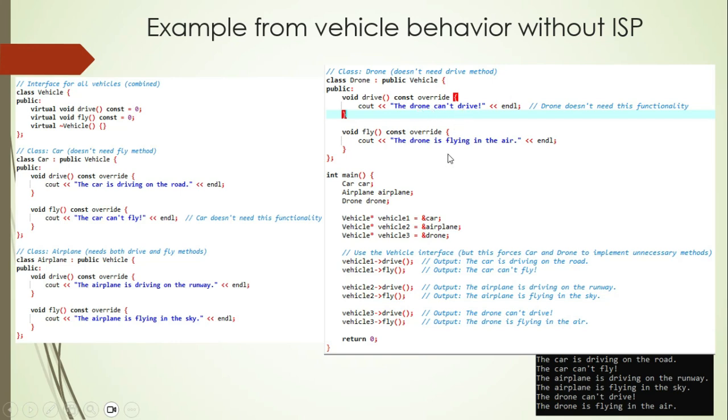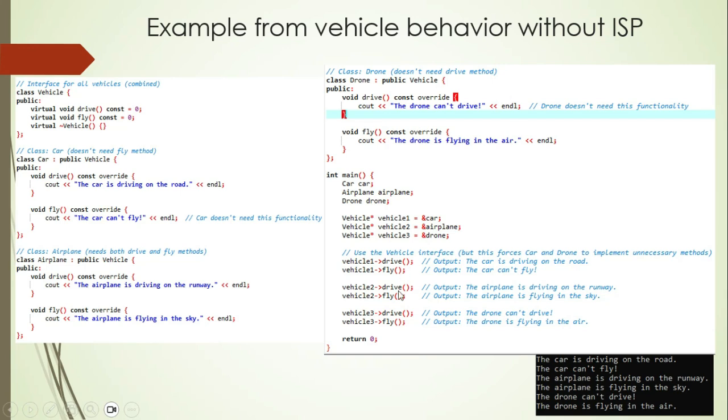Similarly, the class aeroplane implements both the methods, and drone also implements both the methods, but drone cannot drive, it can only fly. So we have taken 3 objects for class car, aeroplane and drone, and we have 3 pointers vehicle1, 2, 3 of the type vehicle, and we have assigned them to these objects. So vehicle1 drive, this means vehicle1 pointer accesses this object car, and which functionality, both drive and fly.